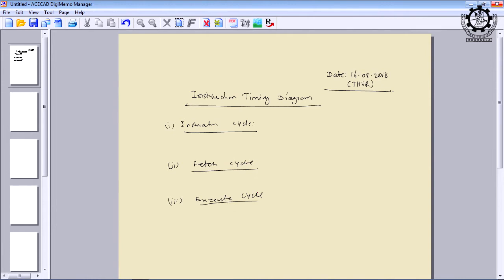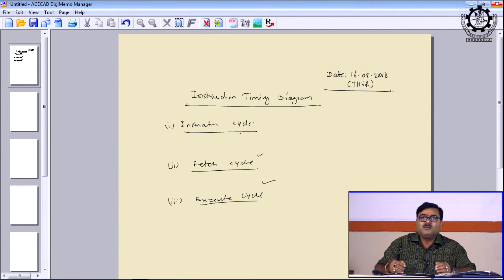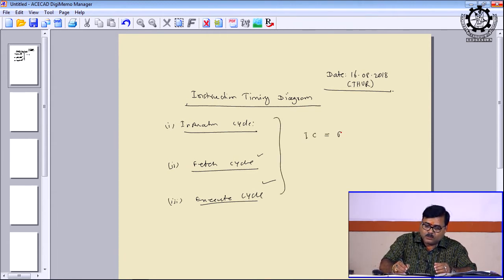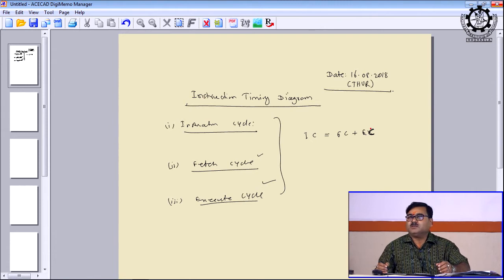If you add the fetch cycle and execute cycle, you will get the instruction cycle, or I can write it like this: instruction cycle is equal to fetch cycle plus execution cycle, IC equal to FC plus EC.